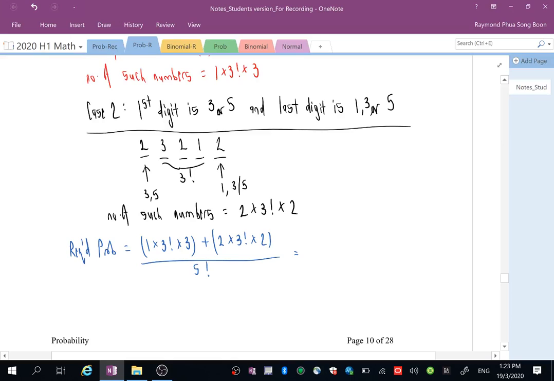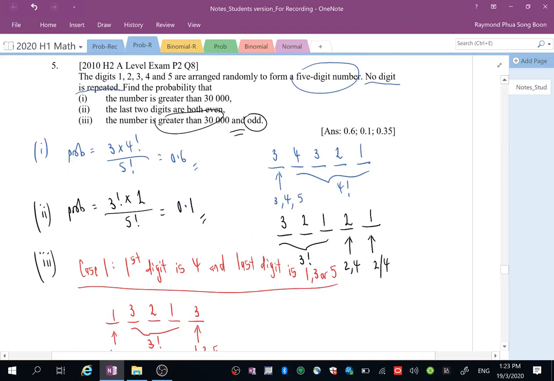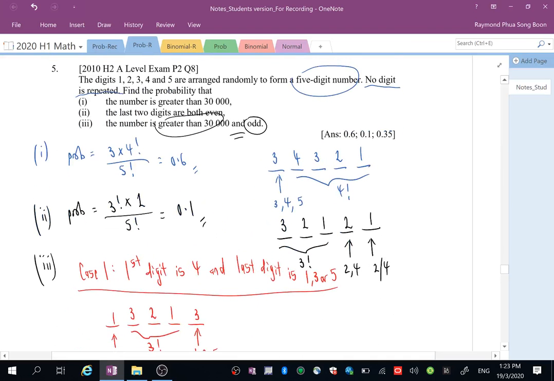Okay, so press your GC, you can get the answer, which is 0.35. Okay, so that will be how you work out question 5.